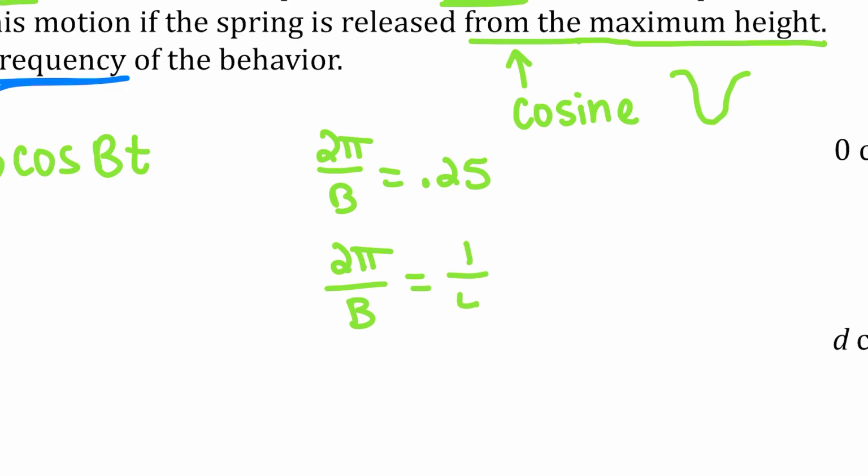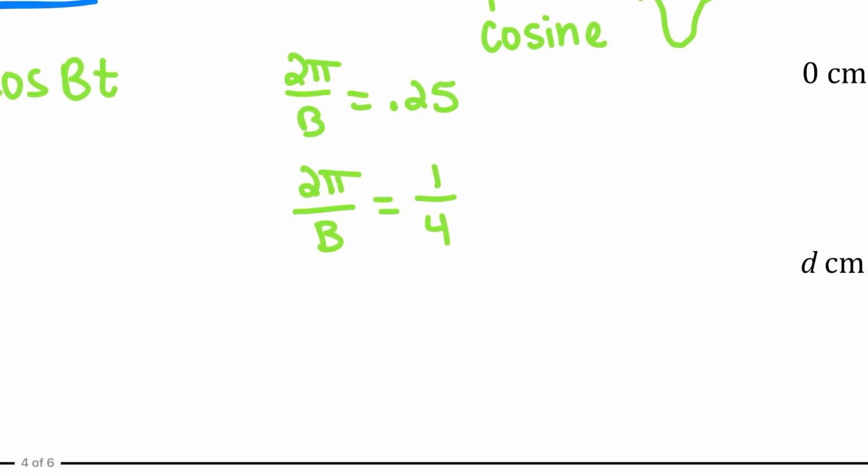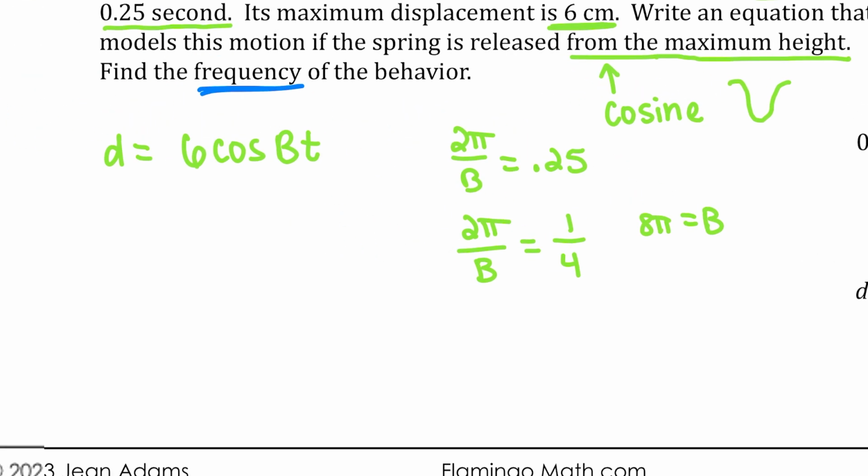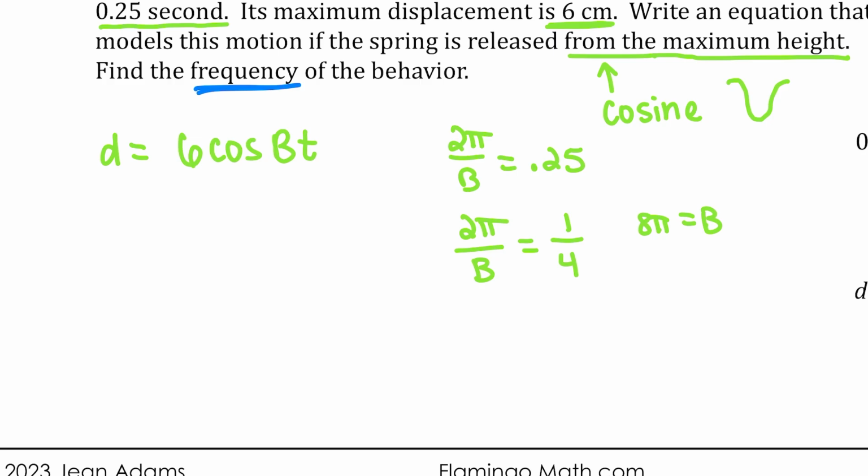So if we end up doing our cross multiplication here, we're going to have 8 pi is equal to B. So we can fill that in now off to the left. So D is equal to 6 cosine, and we have 8 pi T. Technically this is in centimeters. Alright, so that's our equation.